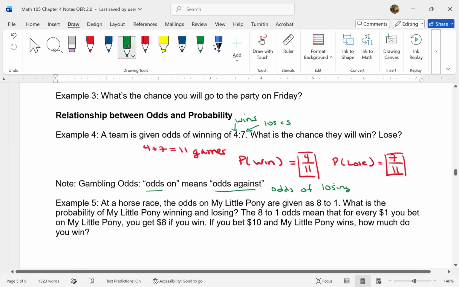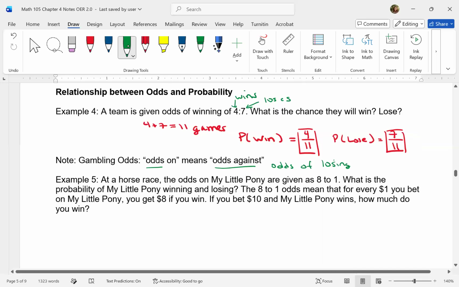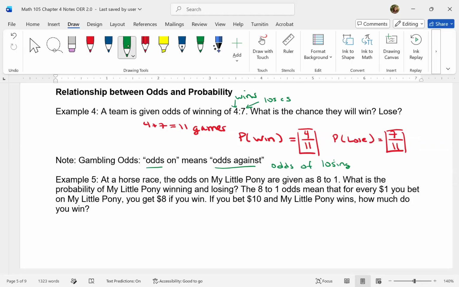So looking at this example, the odds on My Little Pony are given 8-11. Because they use the phrase odds on, they're talking about the odds of losing. So the first number they give, 8, is a loss. Let me write that in red because it's kind of close. So that's a loss.